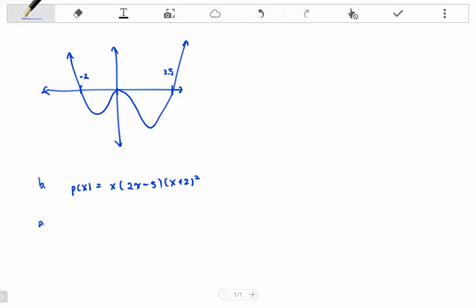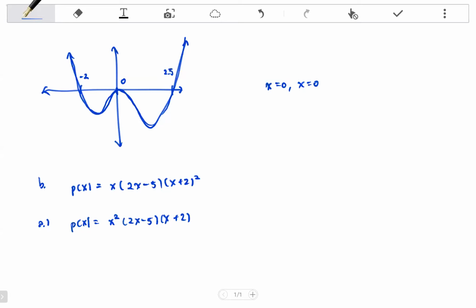A, okay. A is P of x is x squared and 2x minus 5 and x plus 2. Well, let's look at the graph. You see here, it goes through -2, it bounces at 0, and it goes through 2.5. What does that tell us? That means that at x equals 0, there's 2 solutions, x equals 0 and x equals 0.